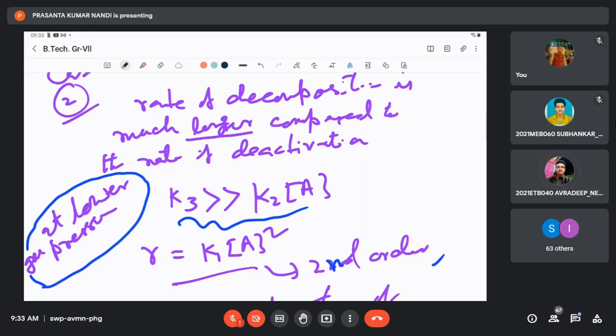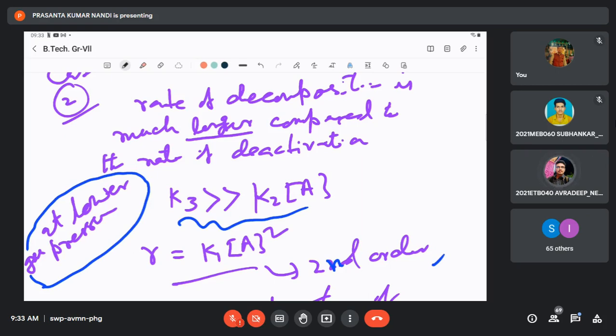It can collide with the reaction vessel or react with reactant species. But if the concentration of the reactant species is very small, then once the molecules are activated, there is a much lesser chance of deactivation.